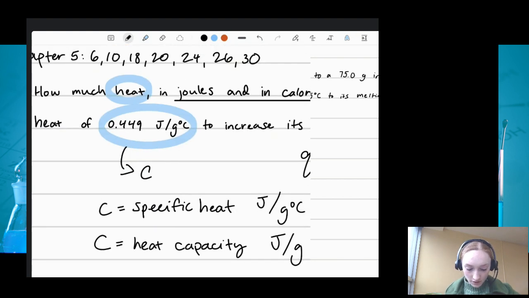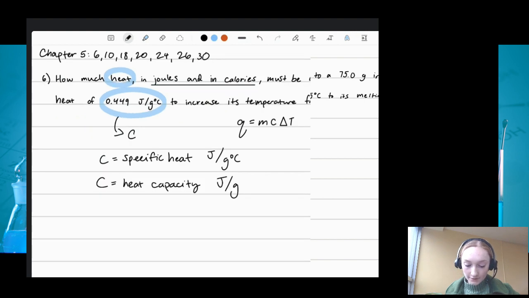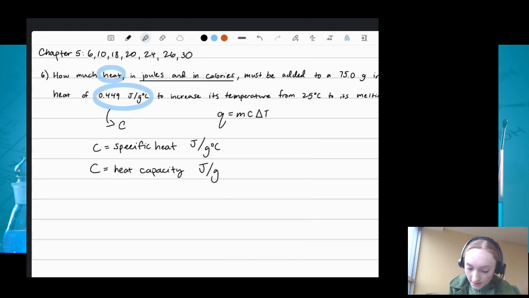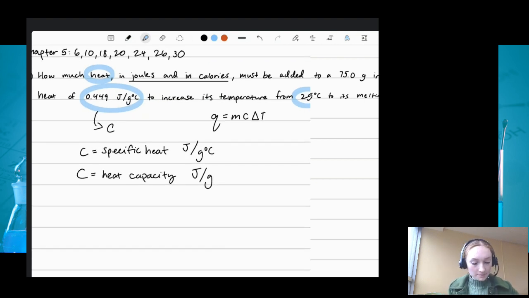And so let's go back to the question and see what other values we are given. We're obviously given a mass, so that is 75 grams of this iron. And it also has a temperature change from 25 to 1535. So we have all of what we need to solve this problem.